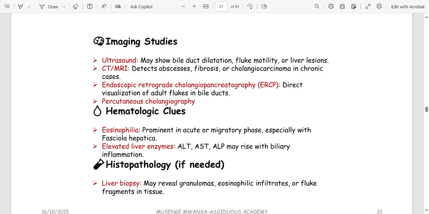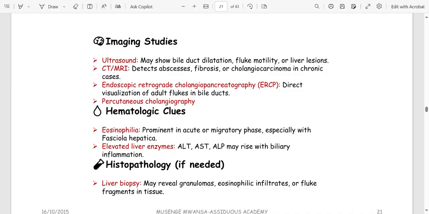For imaging, an ultrasound can show dilatation of the bile duct and also liver lesions. You can do a CT scan or MRI to detect any abscess, fibrosis, or cholangiocarcinoma, a cancer of the biliary tract in chronic cases. There's also endoscopic retrograde cholangiopancreatography.